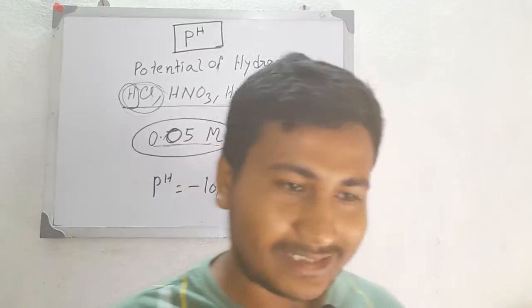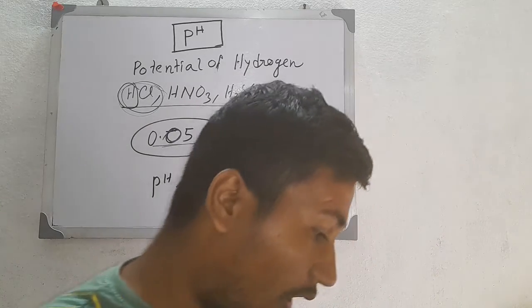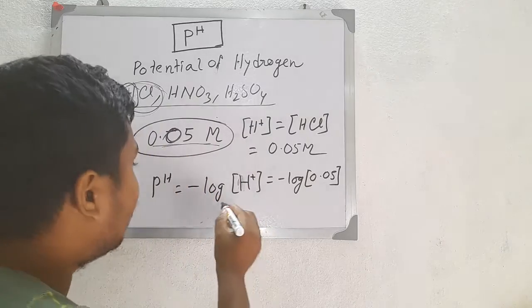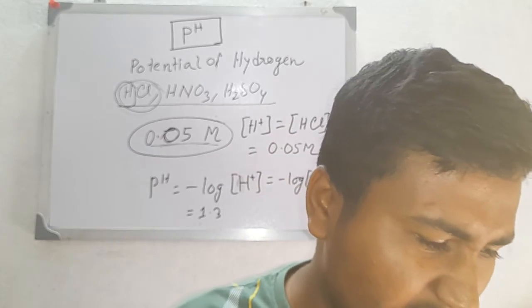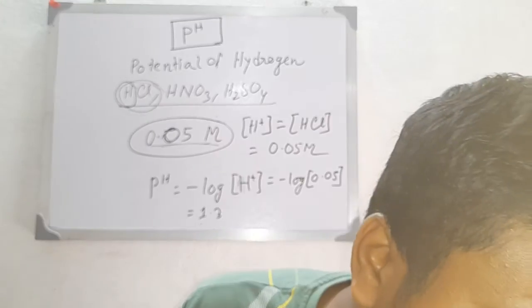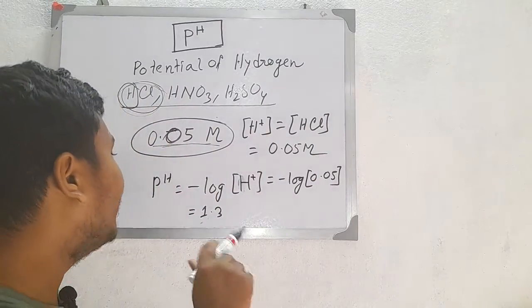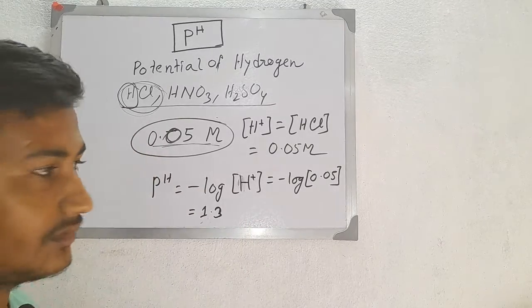Now we put this in a calculator to get the value, and minus log of 0.05 is 1.3. You can use a basic scientific calculator, and also a smartphone, and the pH we get is 1.3.